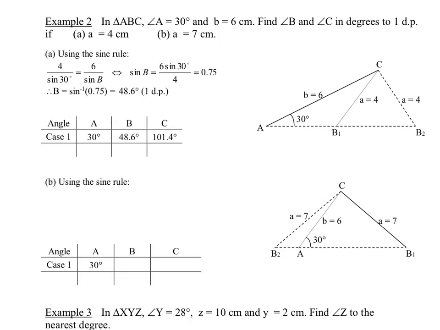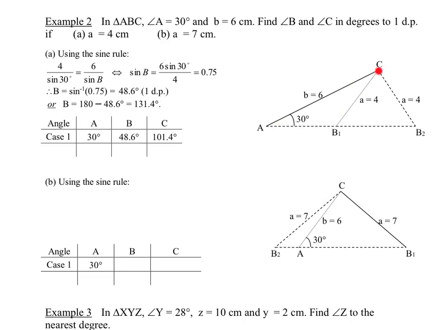That's how we get our alternative value of B. B is equal to 131.4, and that's what this angle in here would be, 131.4 degrees. And then if you take that and 30 away from 180, you'll get this small angle here for this triangle.